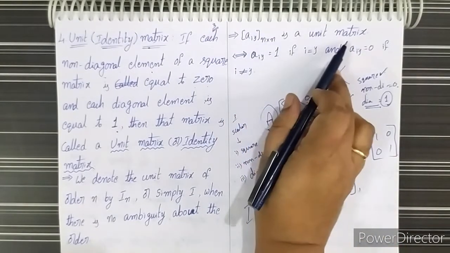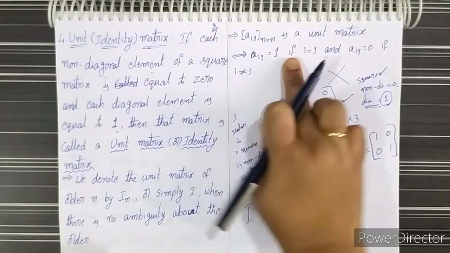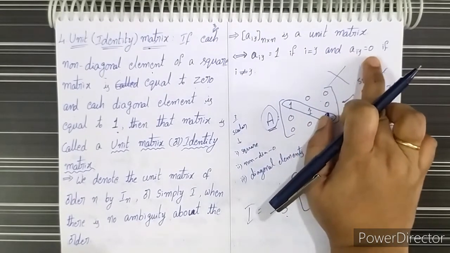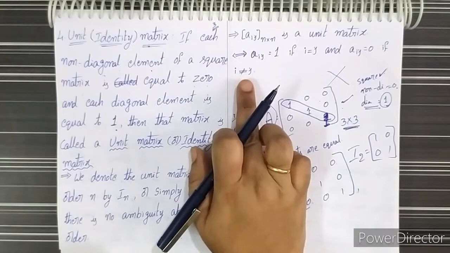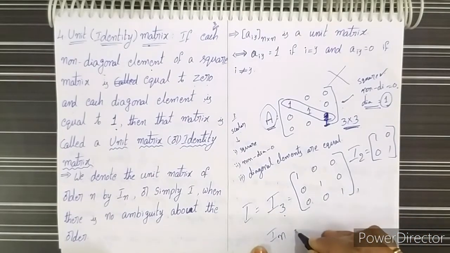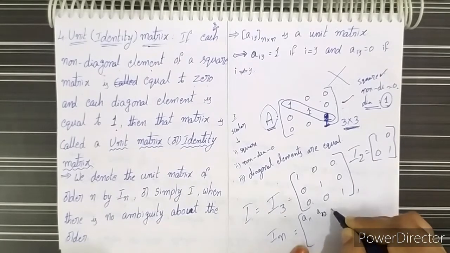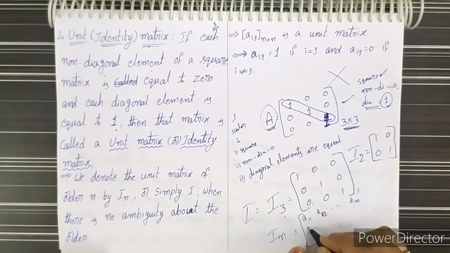A equals [aij] n by n is a unit matrix if and only if aij equals 1 if i equals j, and aij equals 0 if i is not equal to j. This means in an n by n matrix, the elements are in the form a11, a12, and so on, a1n, a21, a22, and so on, a2n, and so on, an1, an2, and so on, ann.